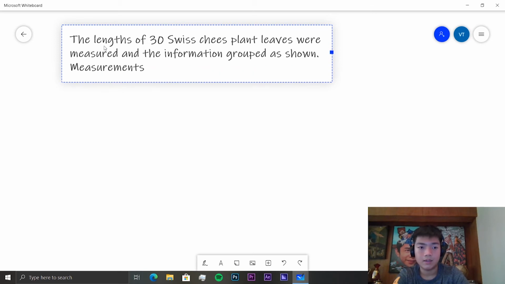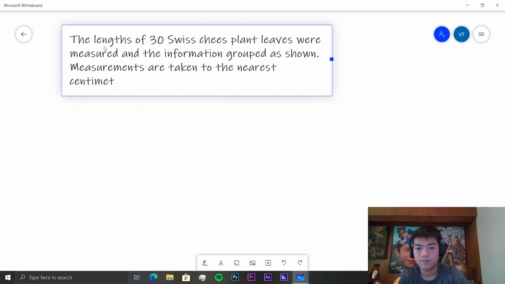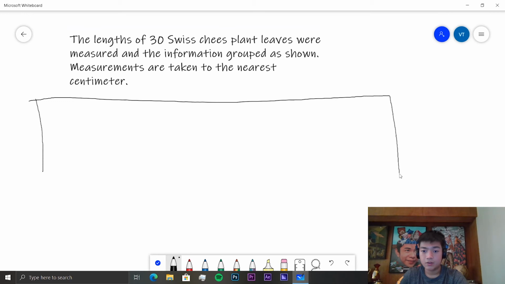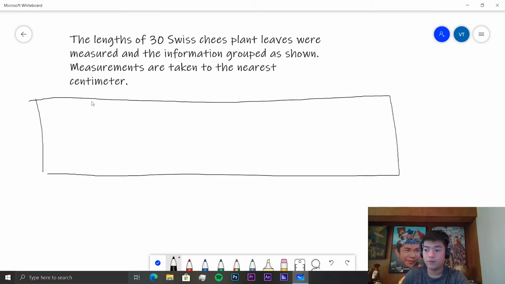Measurements are taken to the nearest centimeter. Let me draw out the table that we're given. Normally we are given some form of frequency table, so we have the length and the frequency of the leaf.